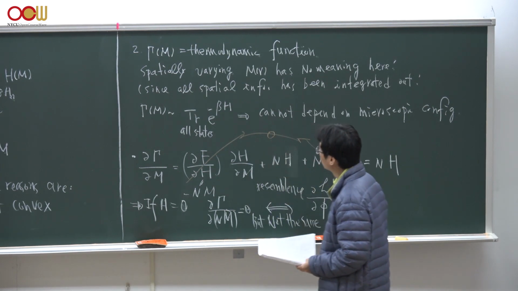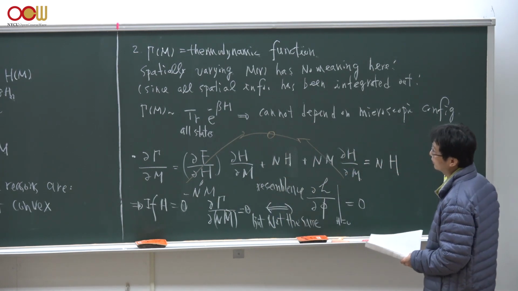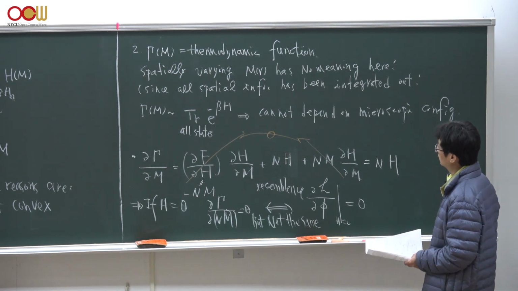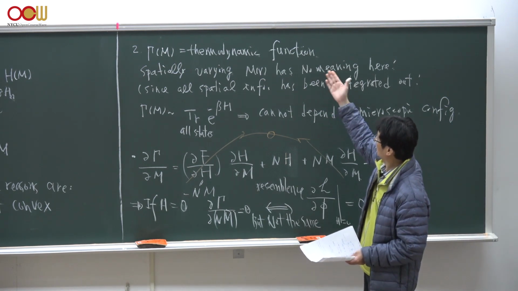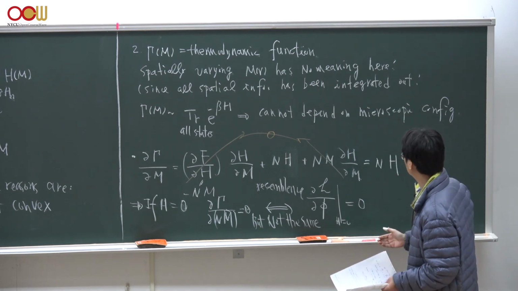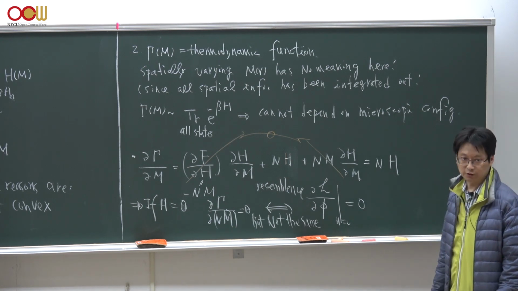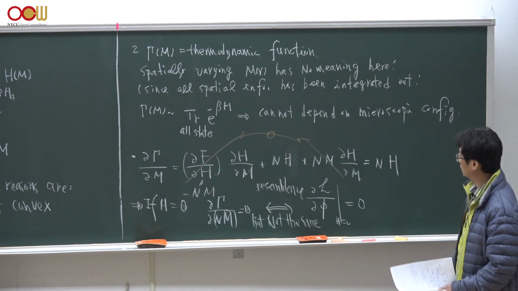The second reason why these two quantities are not the same is that the Gibbs free energy is a thermodynamic function. In other words, we already trace over all the states when we calculate the Gibbs free energy. All the microscopic states are integrated over.